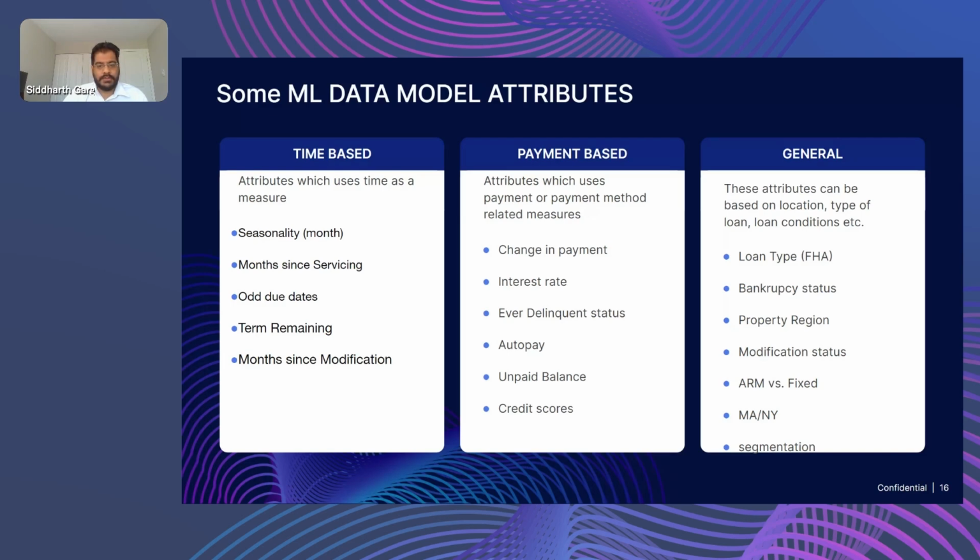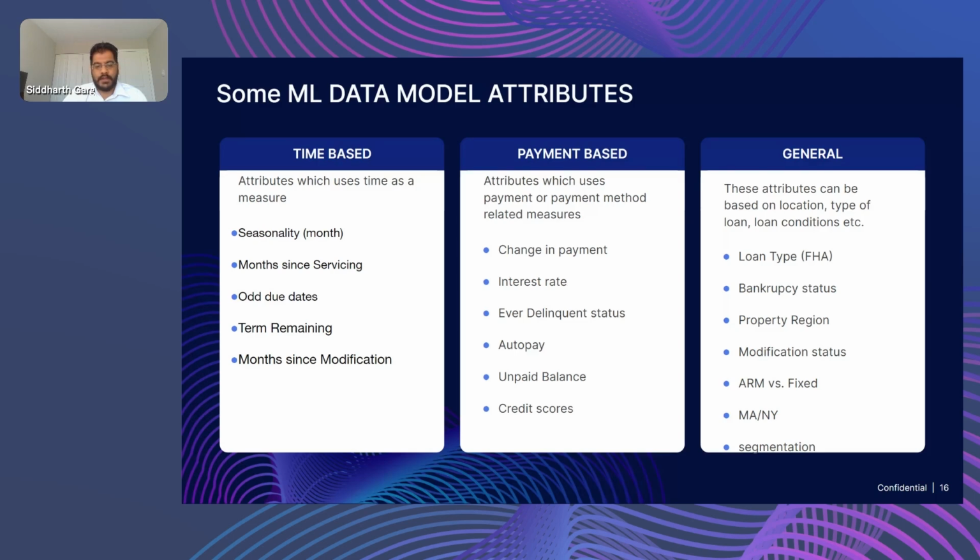These use time to forecast the risk for the loans. Payment based attributes include change in payment, interest rates, ever delinquent status, auto pay, unpaid balance, credit scores, and some more attributes like bankruptcy status, property region, and modification status.